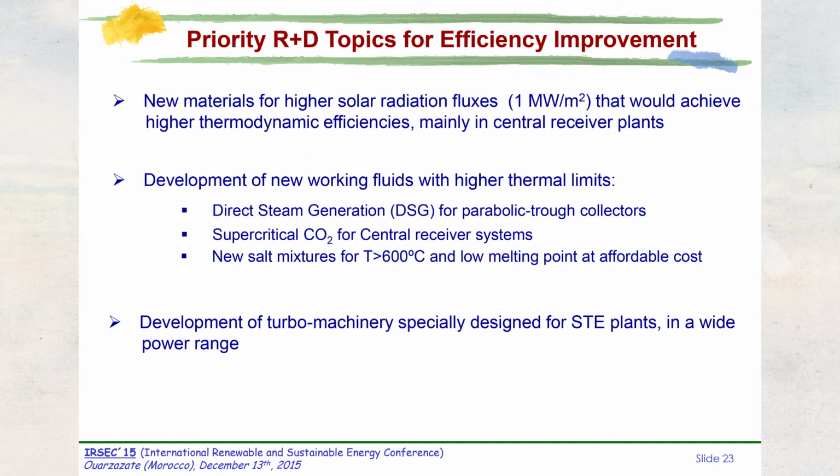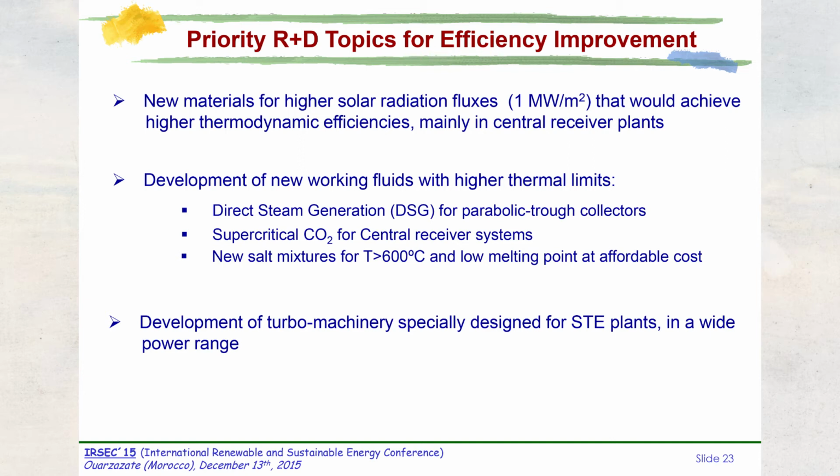Another very interesting R&D topic is the development of new turbomachinery. It means steam turbines for solar thermal power plants, because the power equipment we are using now is the same as installed in Nevada 1 and in the Spanish plants. In Spain, we have 50 solar thermal power plants with a total installed power of 2.3 gigawatts.